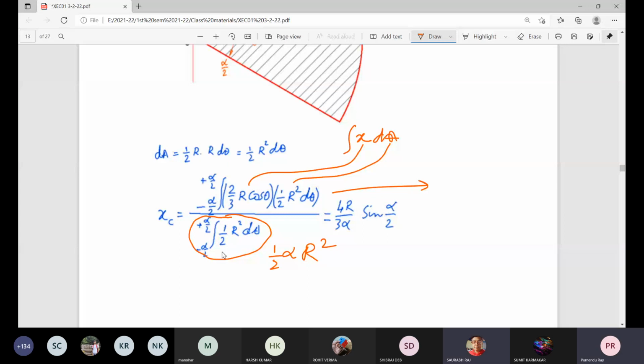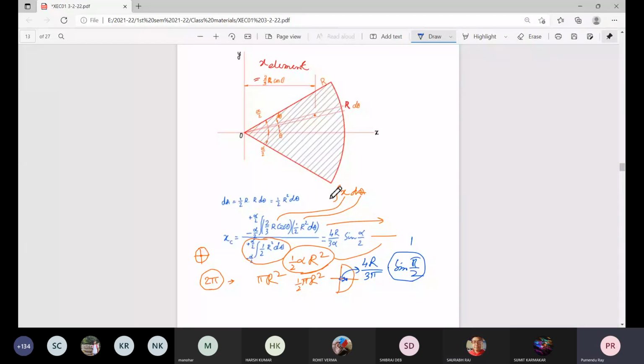We can extend it for different values of this angle. So either you consider it as a semicircle, this will be like this, or it is a complete circle. It is at the center of the circle.